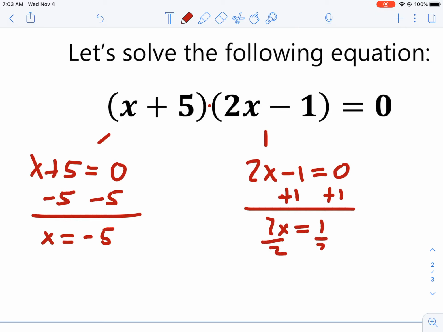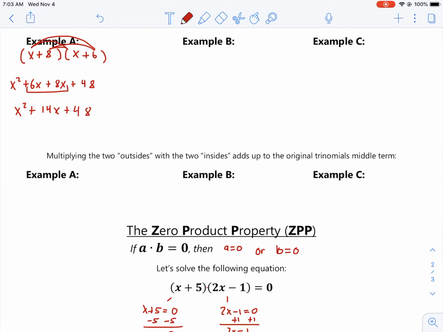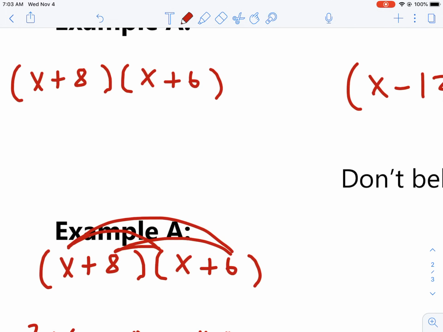We can divide by 2, and we get x equals 1/2 and x equals -5. So once you get your parentheses, you could set each equal to 0 and solve. This would be x plus 8 equals 0, and this would be x plus 6 equals 0, and you could solve those and get the zeros.